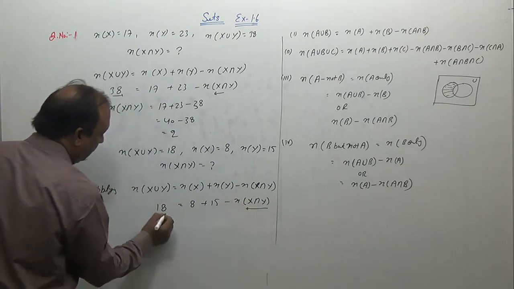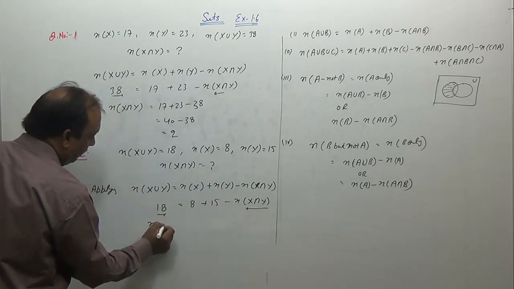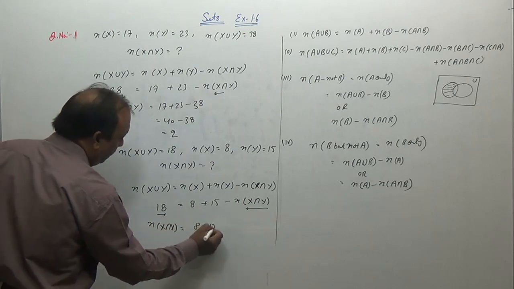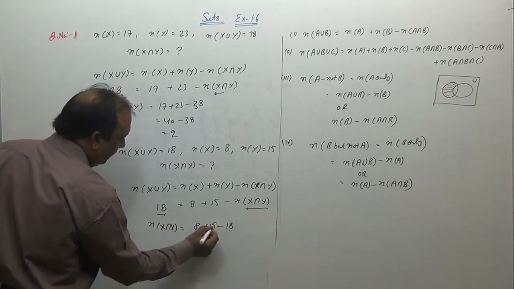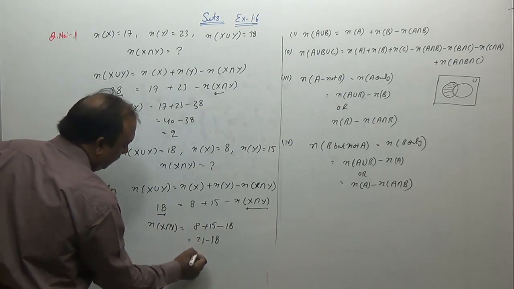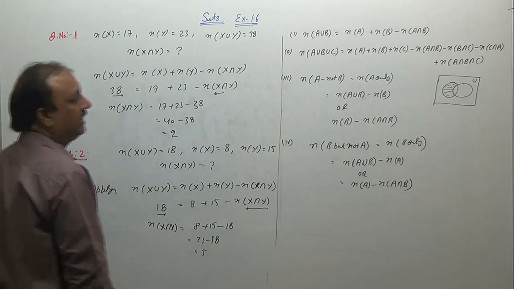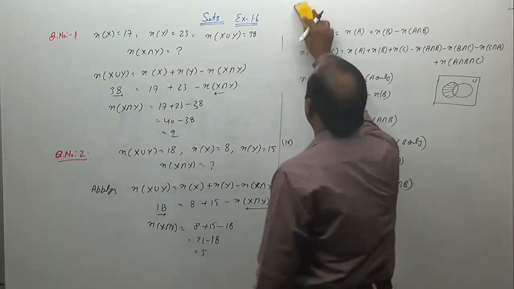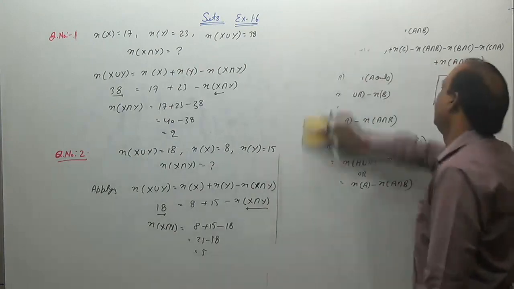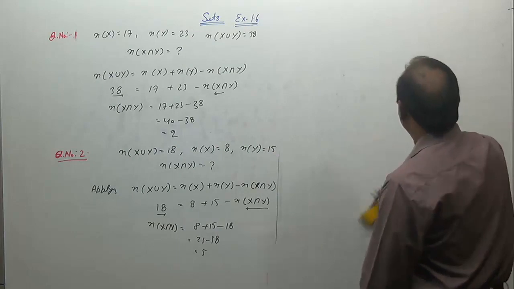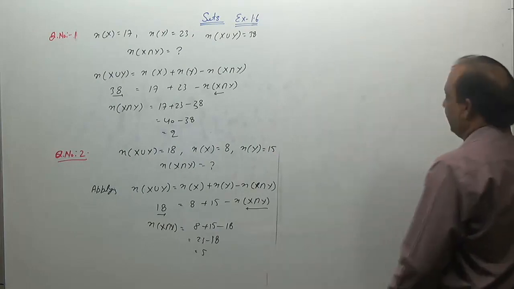Transferring terms, the number of elements of X intersection Y is 8 plus 15 minus 18, that is 23 minus 18, so 5. So 5 elements are members of set X as well as set Y. Simply by using the formula we can calculate the number of elements in the given sets.